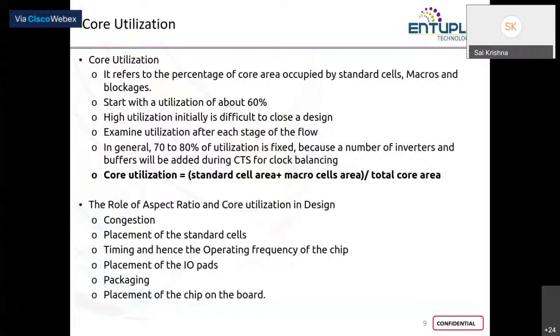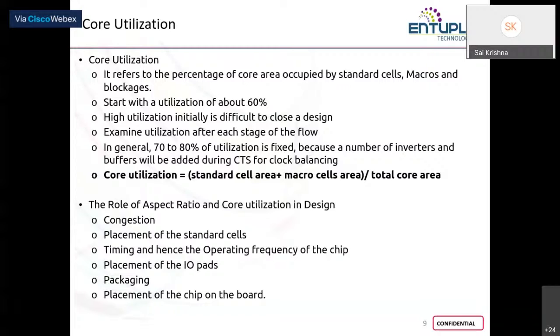But if you have a restriction to place at so and so coordinates, then you will be doing IO pin placement along with the floor plan.